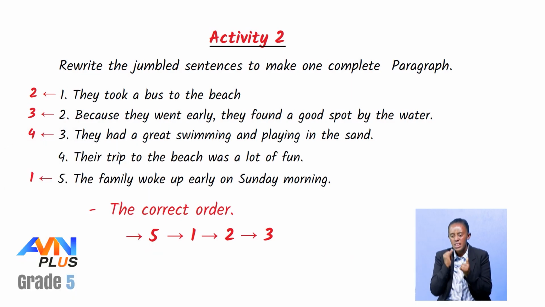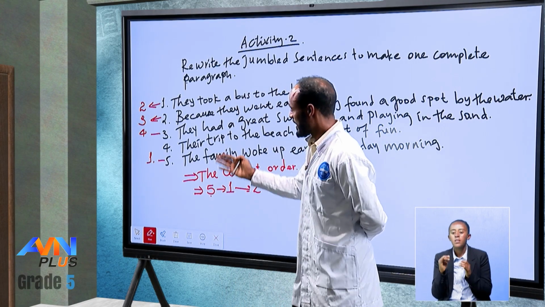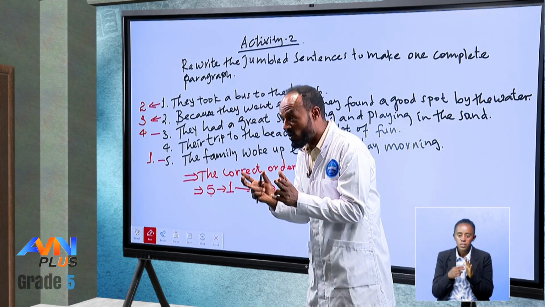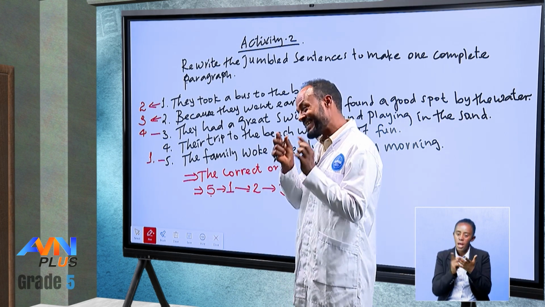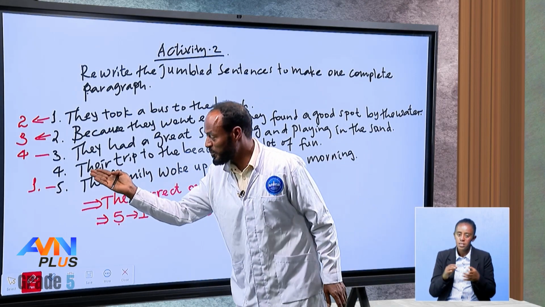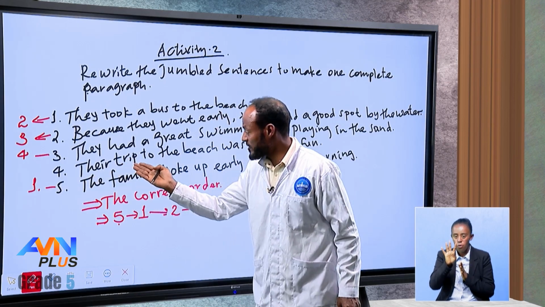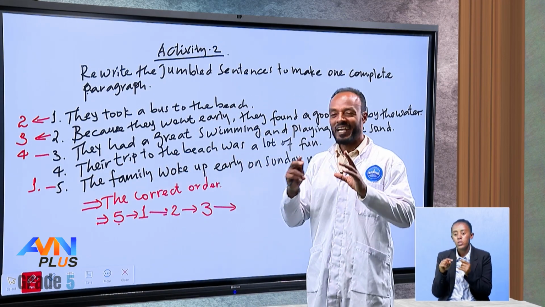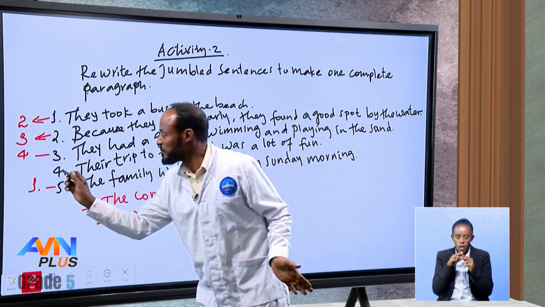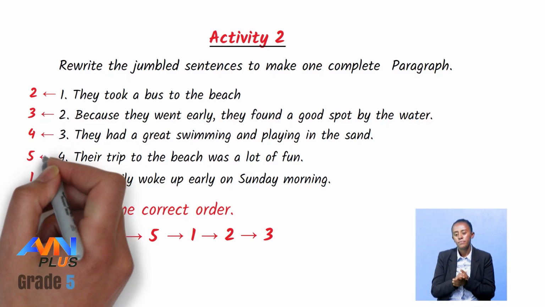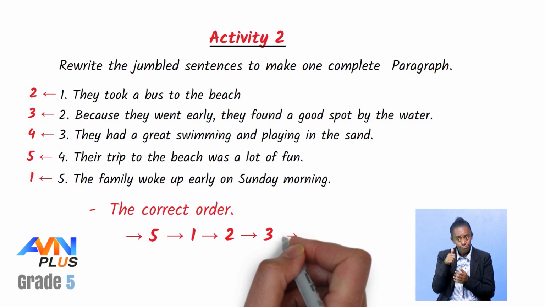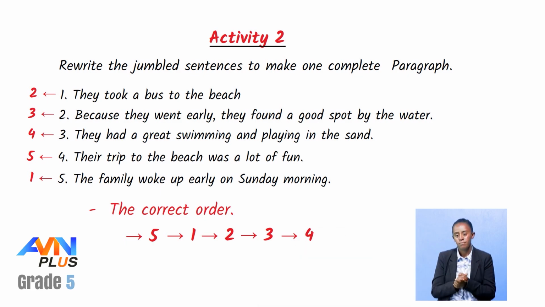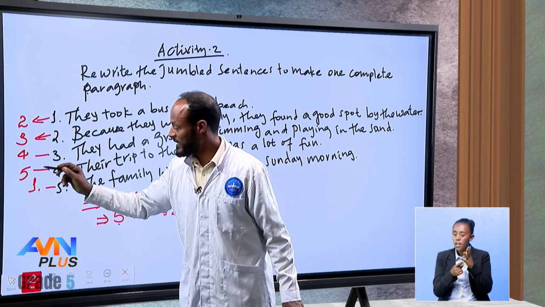What about the last point? The last point means the conclusion of the paragraph, the concluding sentence: their trip to the beach was a lot of fun. So this should be number 5. Bear in mind, I hope I'm clear. Is it clear? So the first, second, third, fourth, and fifth.